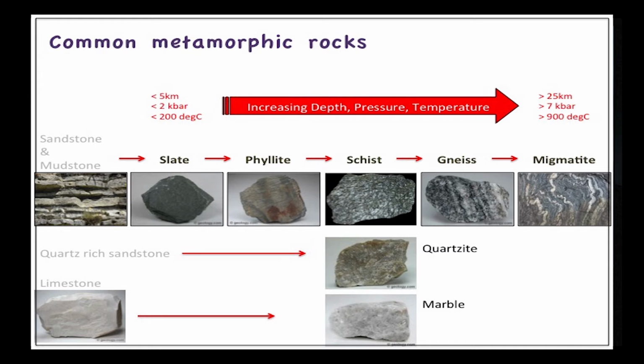Schist is a medium grade metamorphic rock that can come from a variety of parent rocks, although the most common schists are from shale parents.